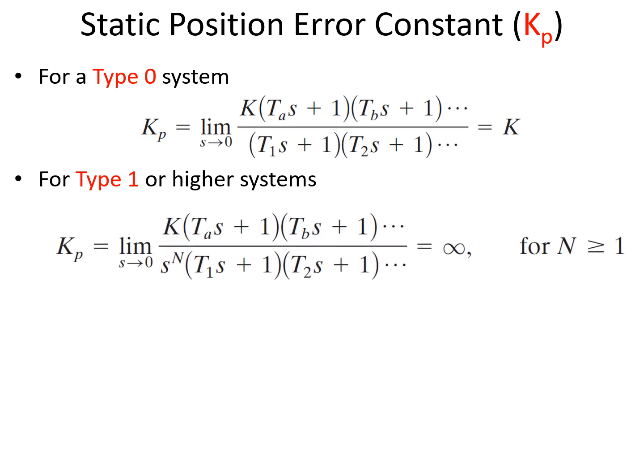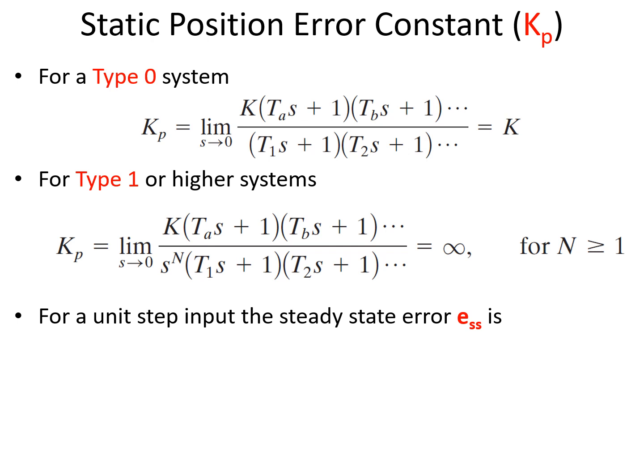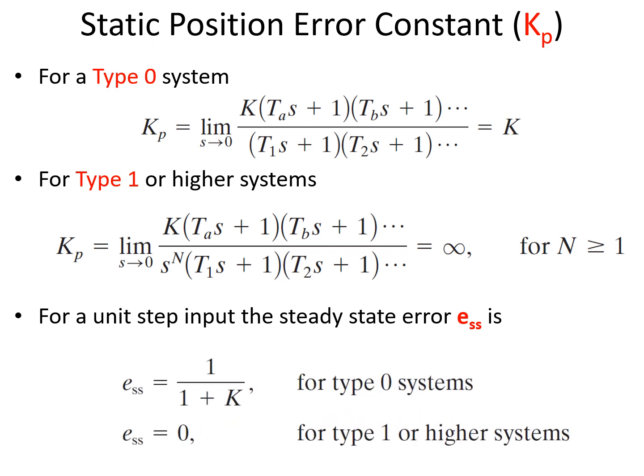Similarly for a type 1 system, it is limit s tending to 0 of k divided by s to the power n, where n is 1, so you get k divided by 0, which gives you infinity. Similarly for a type 2 system also, the same thing holds good. You will get the Kp value as infinity for the type 2 system also, correct.